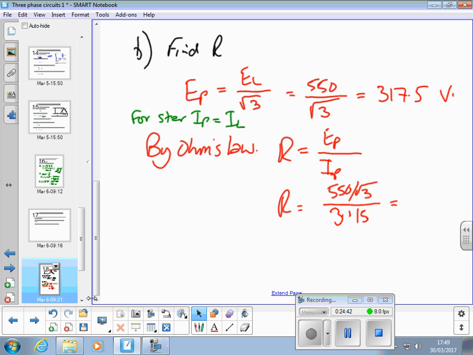So our resistances, we'll go for 101 ohms. So each resistor in that load is 101 ohms.